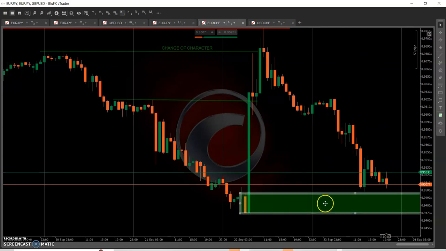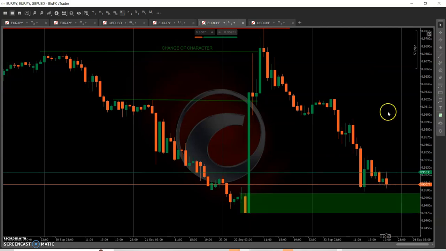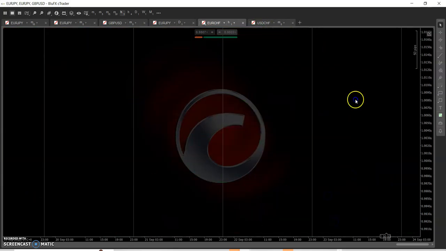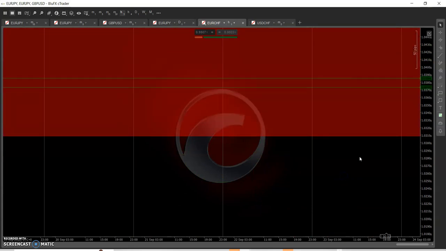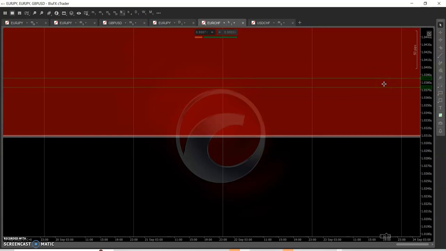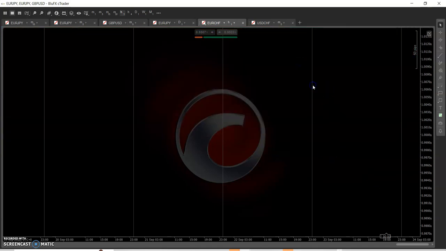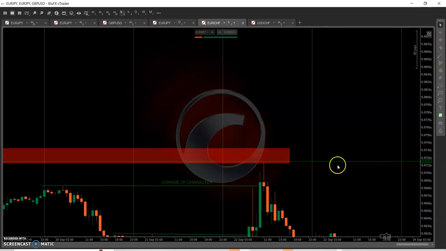So probably price could fall in here before buying up to break this high and then go further to this high we have here. It might take some time coming to this place, mitigate this place and then fall back down. Let's see what we can do right here.